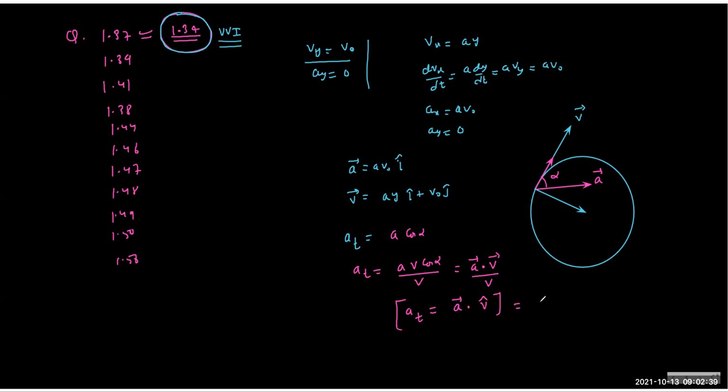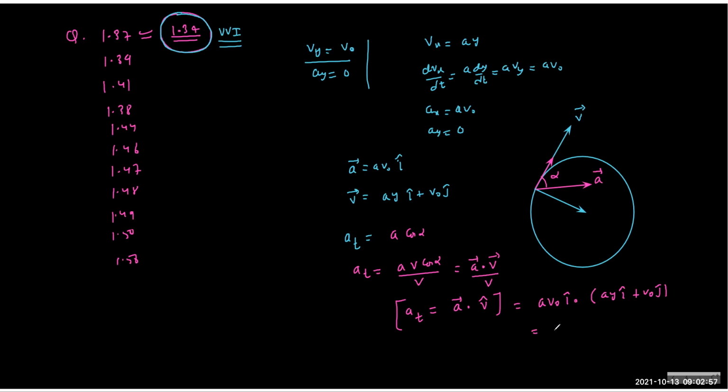So A is very pretty simple. It's A V naught I cap dot, and the V vector has two components: one is A Y I cap plus V naught J, and we know that only I will go with I, and I and J will be 0.